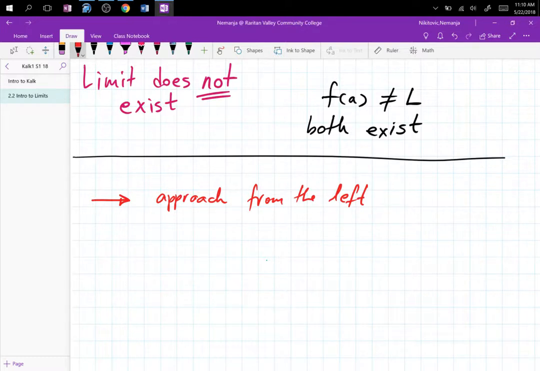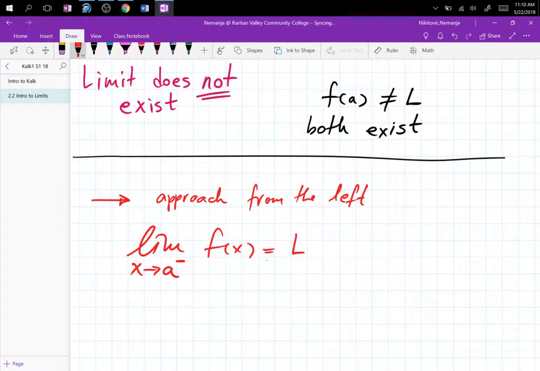That is something called a one-sided limit. The one-sided limit notation is limit as x approaches a, with a minus on the a, of f of x, and you are going to get some value. I called it earlier L1, so you're going to get some number there.